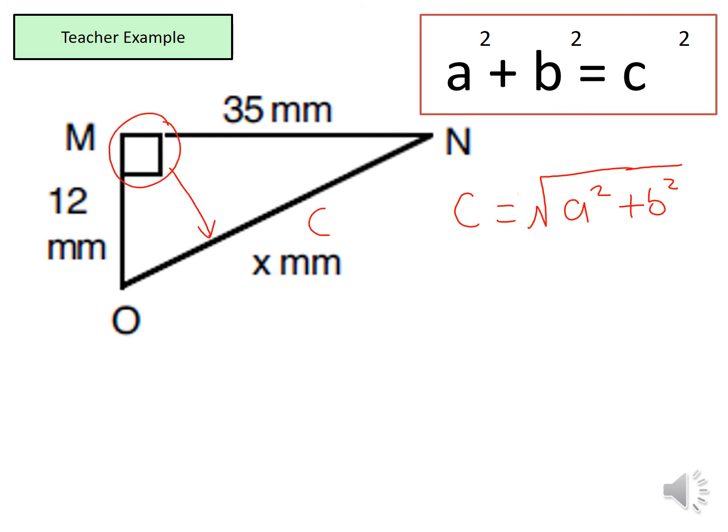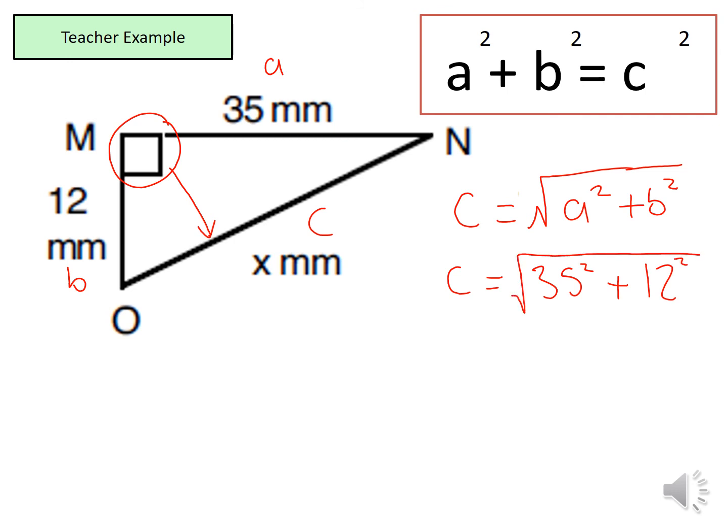I'm going to label it C, and my other two lengths are therefore my short sides. It doesn't matter which way you put it, but in this case I'm going to label 35 millimeters as A and 12 millimeters as B. We substitute those two numbers back into the rearranged formula, so C equals the square root of 35 squared plus 12 squared.